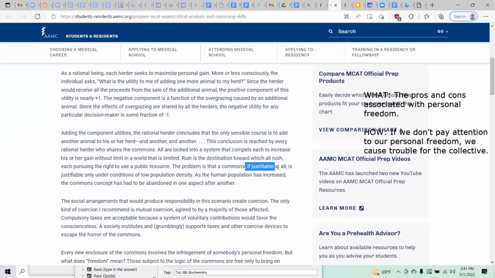I would also highlight this. You might not see this yet, but the reason I would highlight it is that he's saying if justifiable at all, which is an implication that he's not so sure that it is justifiable. It's like saying it's questionable. It's like, oh yeah, I'd love to go to that party, if I could make it.